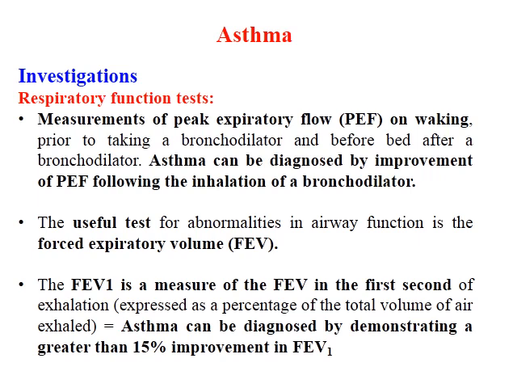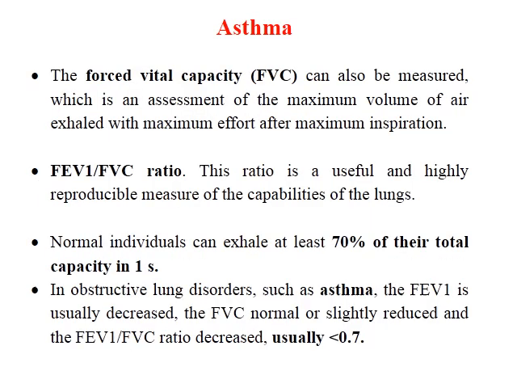Another test is the forced expiratory volume, which is also useful to show the abnormalities in the airway functions. FEV1 measures the FEV within the first second of exhalation. Asthma can be diagnosed by demonstrating a greater than 15% improvement in FEV1 after inhalation of bronchodilator.